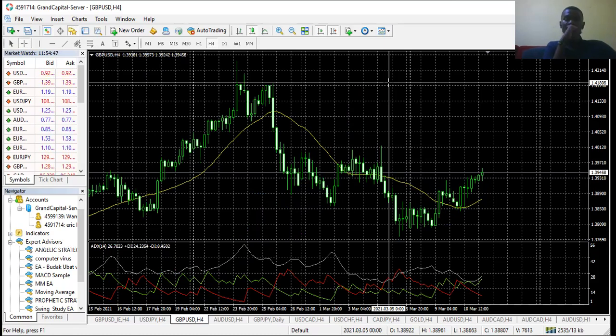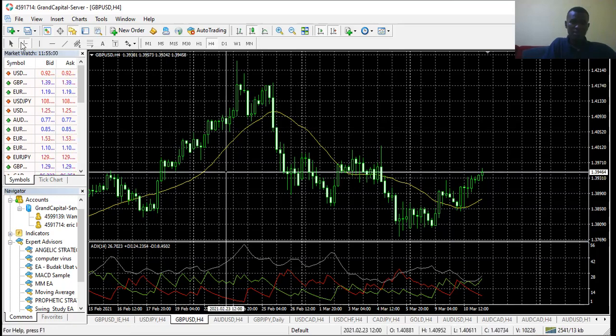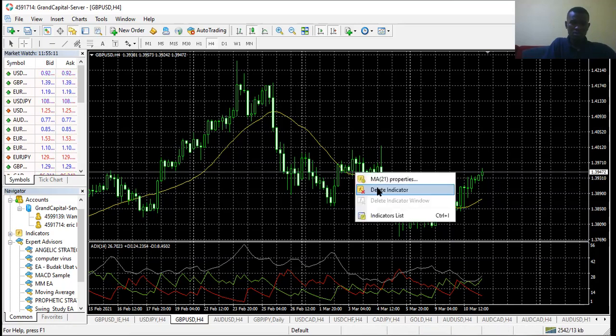Let me even remove the normal EMA, something like MA21. I've removed it. You can make the chart black.